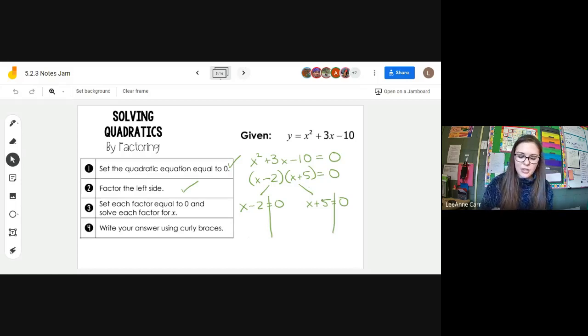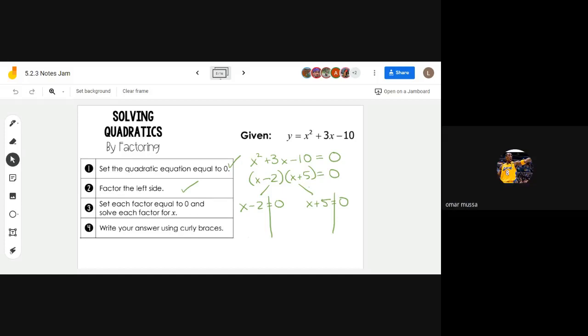Omar, if I wanted to solve this one-step equation, what would I do if I wanted to get x all by itself? If I wanted to solve this one-step equation, Omar, what am I going to do? Is it subtract? Subtract.